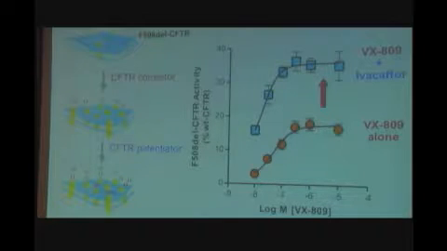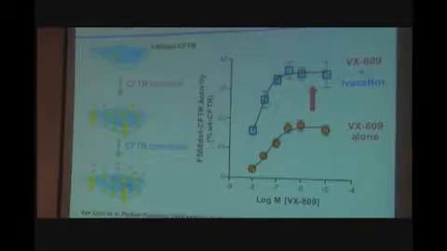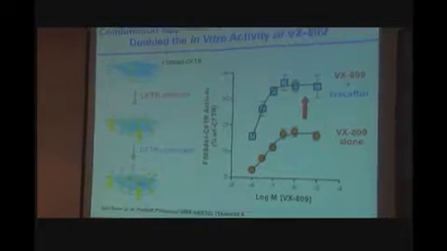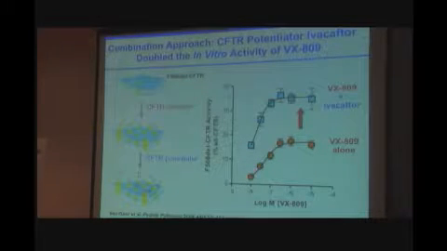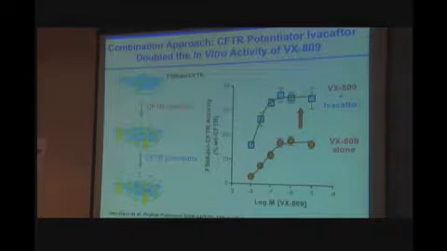And then in this data, again generated by Vertex, when you add ivacaftor to that, you essentially step on the gas, double its activity, and the more activity you had to begin with, the more activity that you have at the end. And at the end of the day, you can see on this scale, that was about 30% of CFTR function, which we talked about when we think about G551D patients, might be enough to improve lung function.